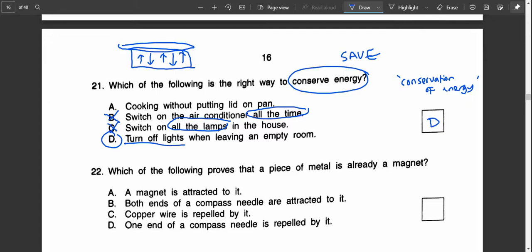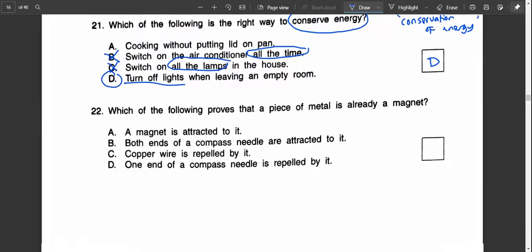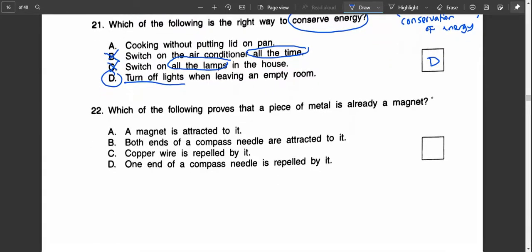Number 22. Which of the following proves that a piece of metal is already a magnet? So it's asking what is the characteristic of a magnet. So a magnet can attract a magnet, but it doesn't prove it's a magnet. Both ends of the compass needle will attract to it. Not possible, because if you look at a magnet, there will always be two poles.